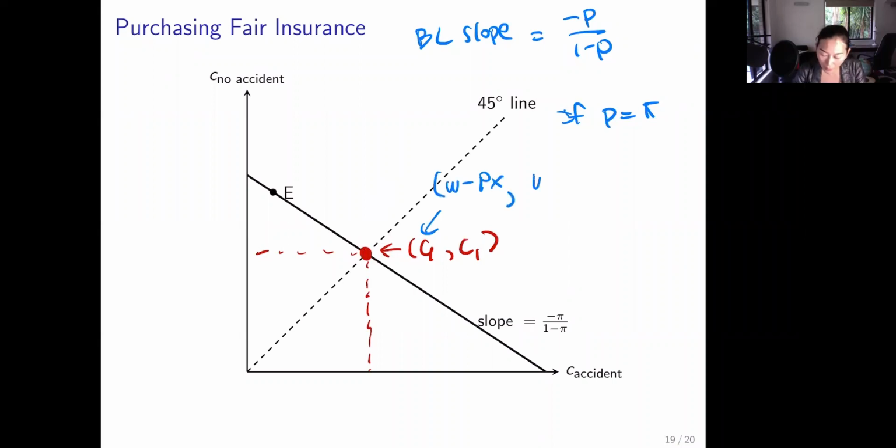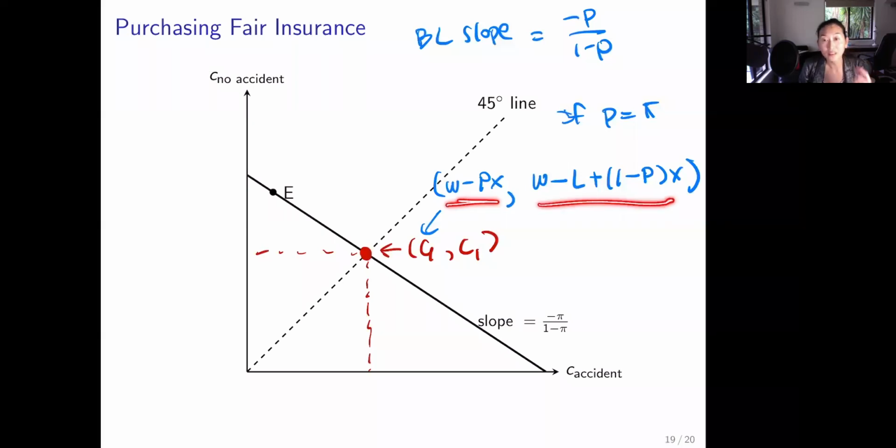And the second will be W less L plus 1 minus P times X. Right? And for these two numbers to be exactly the same, that means we have W minus PX equal to W minus L plus X minus PX.